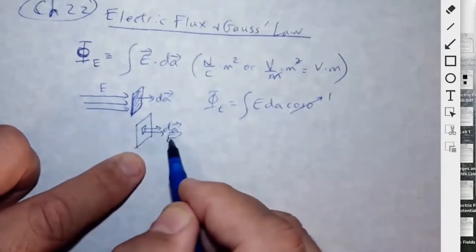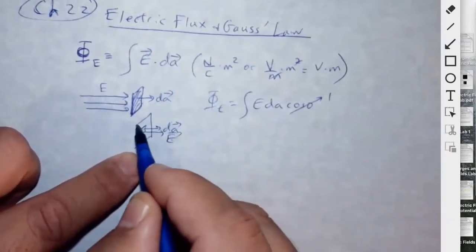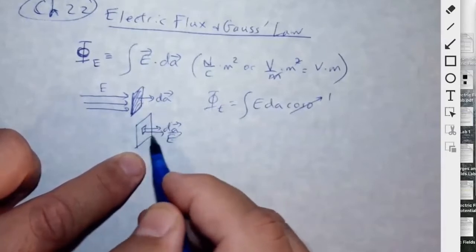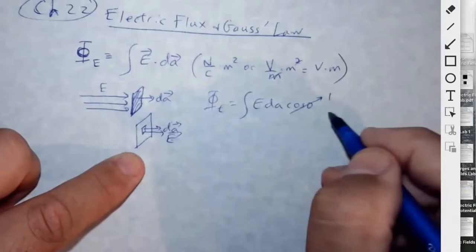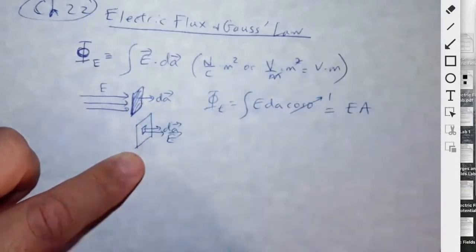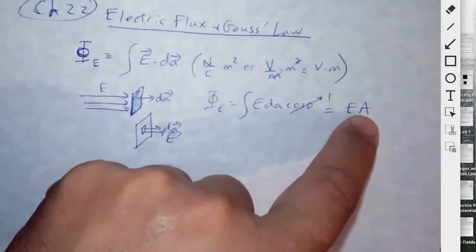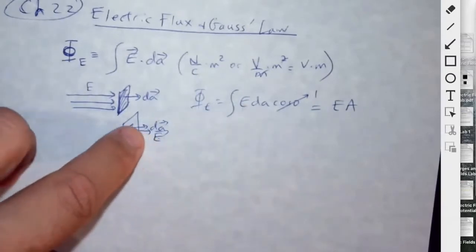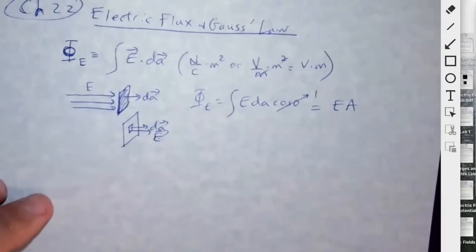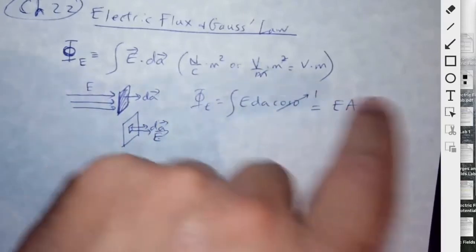So if the electric field is uniform across the cross-sectional area of that shape, then this reduces to just EA. That's the simplest version: a uniform electric field in the same direction as the area vector, and then the flux will just be EA.